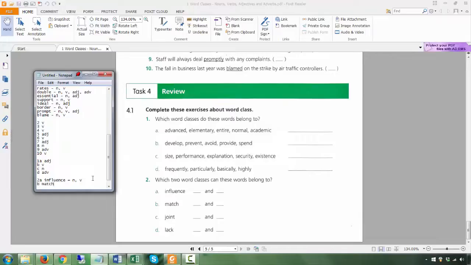B, match is a noun or verb. C, joint. I think we did this before. Noun or adjective. Anyway, all this is actually in this chapter. That's why it's familiar, these words, because they're just reviewing what you've learned here. Lack is a noun and a verb.